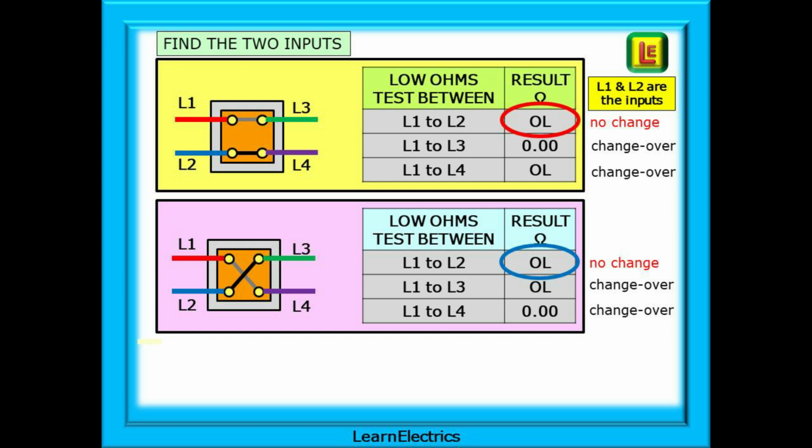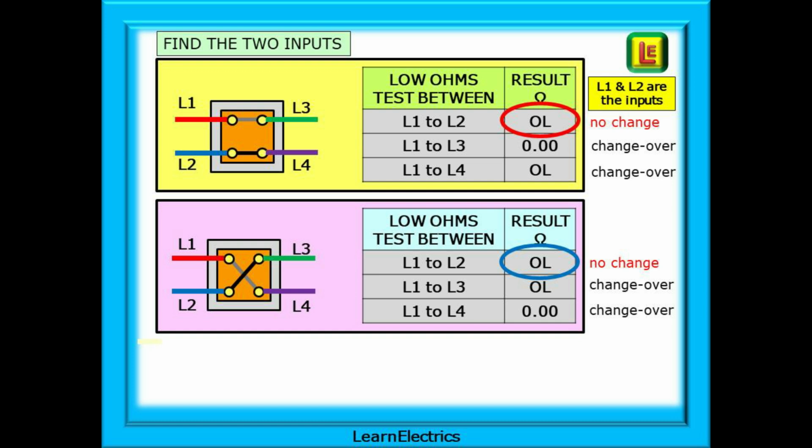Your meter might show 1999 ohms or some other meter maximum. Stay with L1 and test L1 to L3. Here the reading is 0 ohms. It's found a connection, continuity. When we test L1 to L4, the result is OL or 1999 ohms, no continuity. We've now tested all permutations to L1.